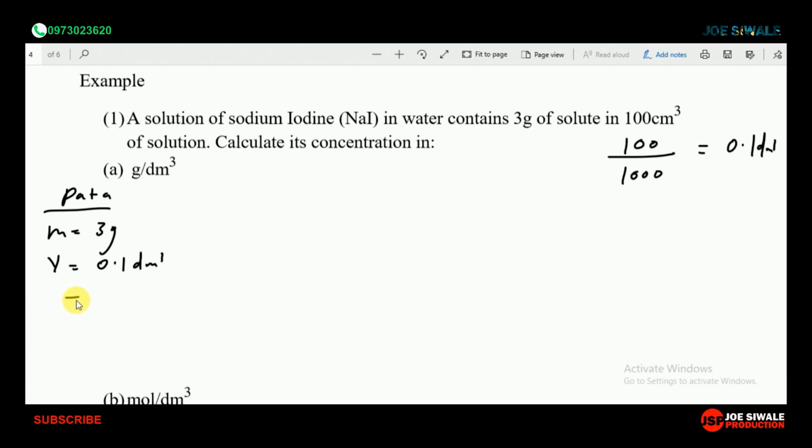Then the concentration, we don't know; we're supposed to calculate it. So concentration is equal to mass divided by volume, which is 3 divided by 0.1. So concentration is going to be equal to 30 gram per cubic decimeters. So that's going to be our answer.